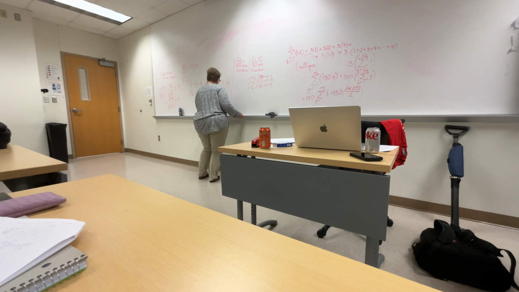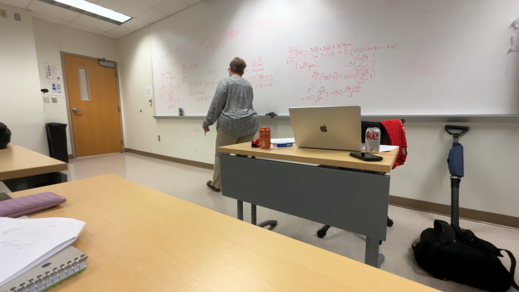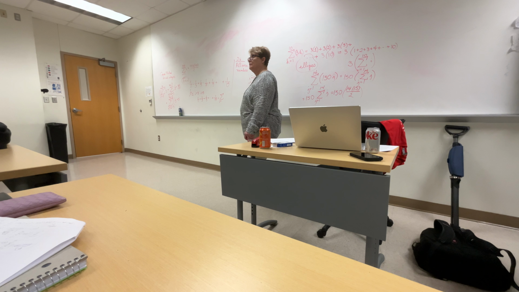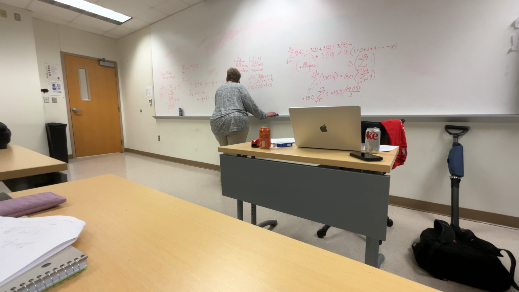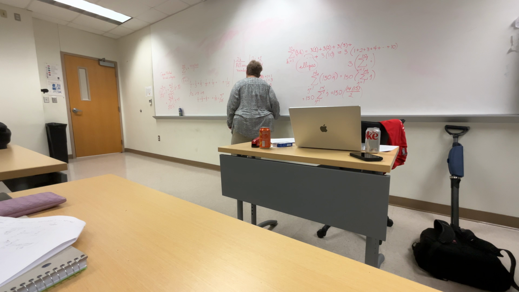Where did we say that we need to start? What number? 0. At 0. And let's solve: if I have 19 is equal to 2n plus 1, what is n?